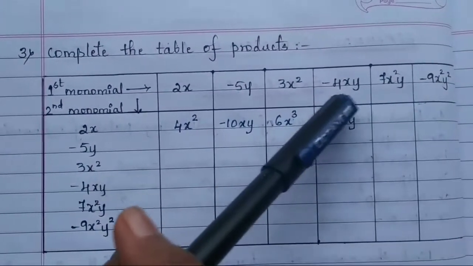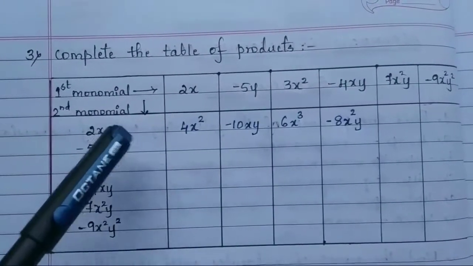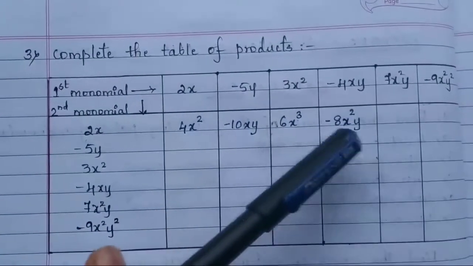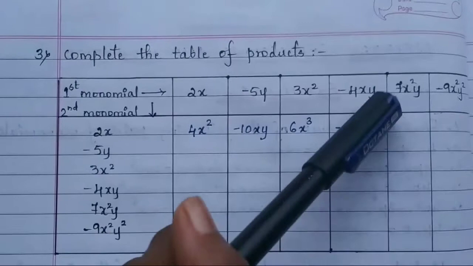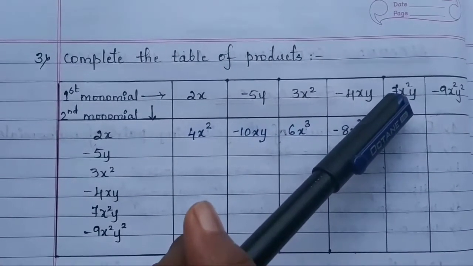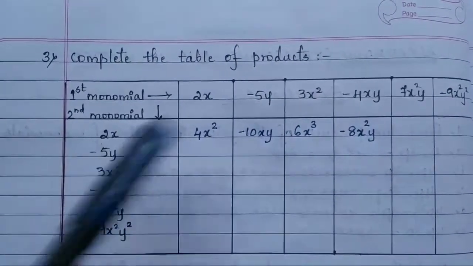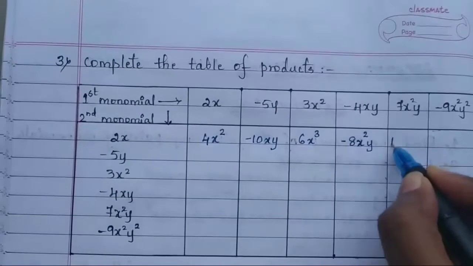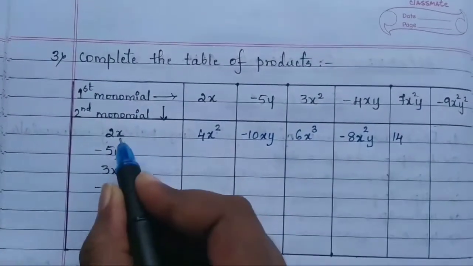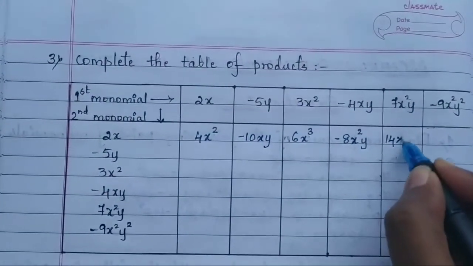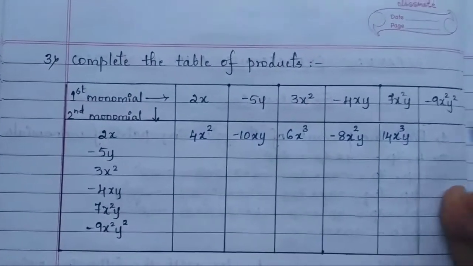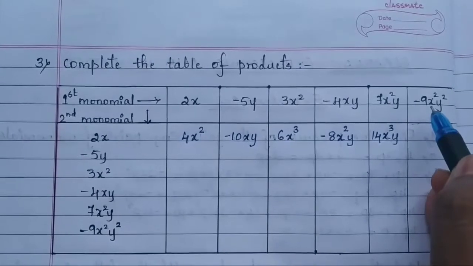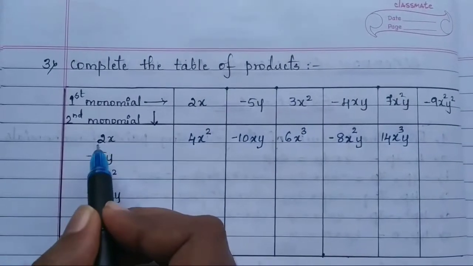As we can see here, we are multiplying x here 2 times, x and x. So it will become x square and y is as it is. Next, the next question is 7x square y into 2x. 7 2s are 14. X square into x will become x to the power of 3 and y will be as it is. Next, minus 9x square y square and 2x.